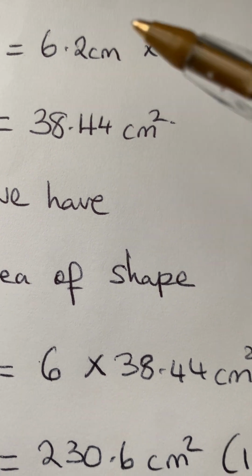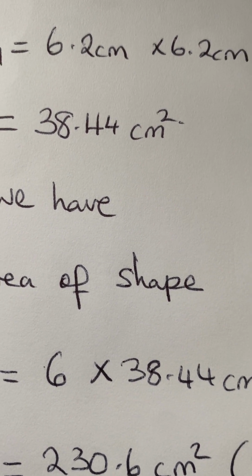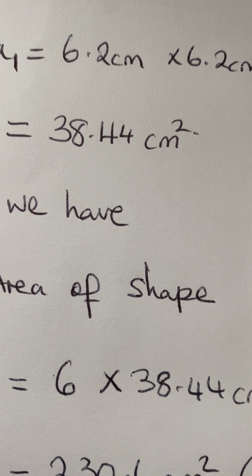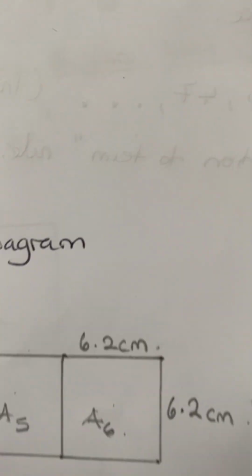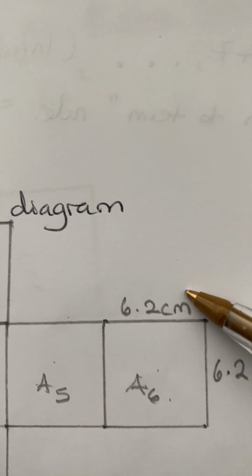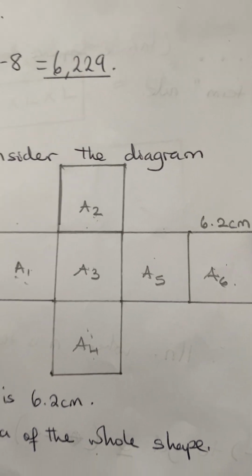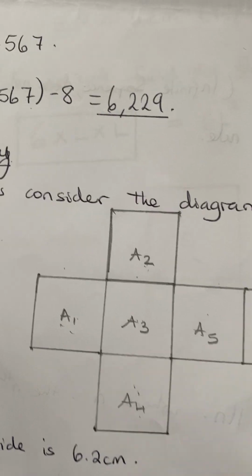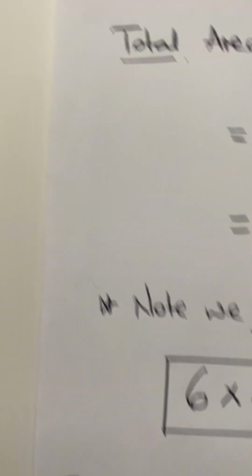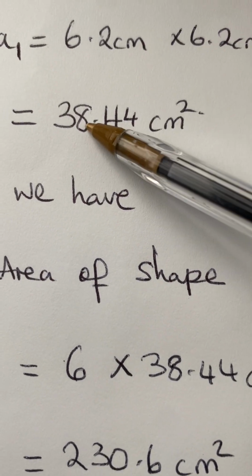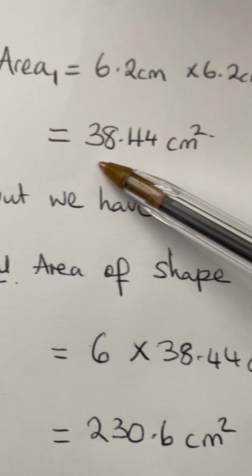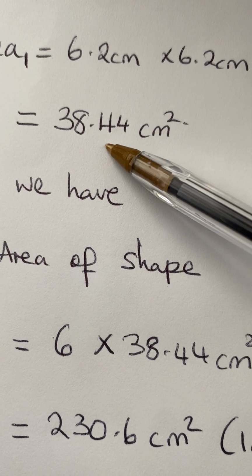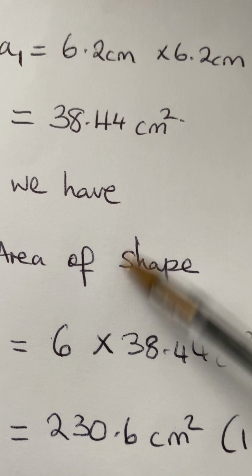Just to make sure that you don't end up getting 384 centimeters squared. Now remember your units. The unit they gave you in the diagram is centimeters. So the area of one of the squares will be 38.44 centimeters squared.